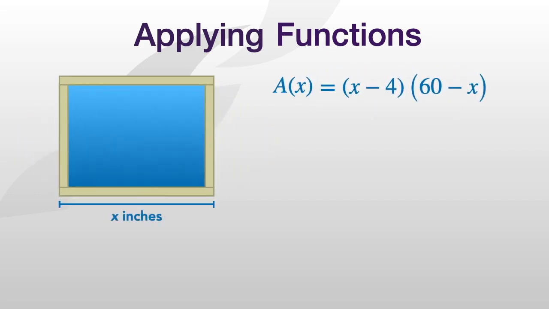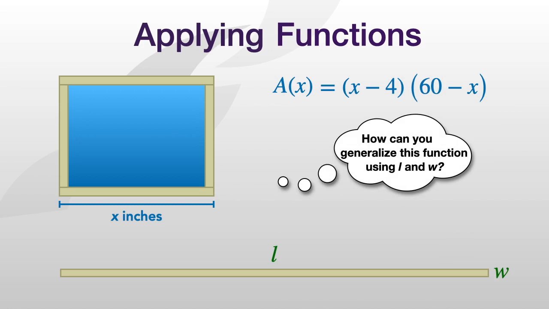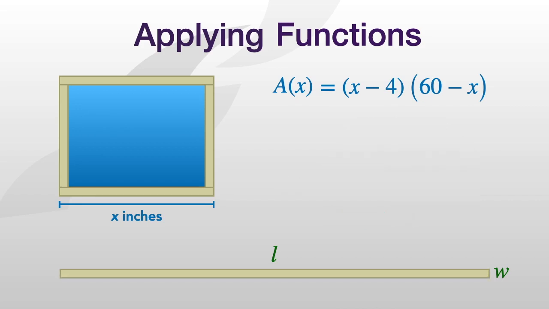The domain gives us a hint about how we could generalize this problem. Suppose the length of the board is L and its width is W. How could we write the general function for the area of this picture? Let's first look at the 4 and recall seeing it as the width of 2 boards put together.